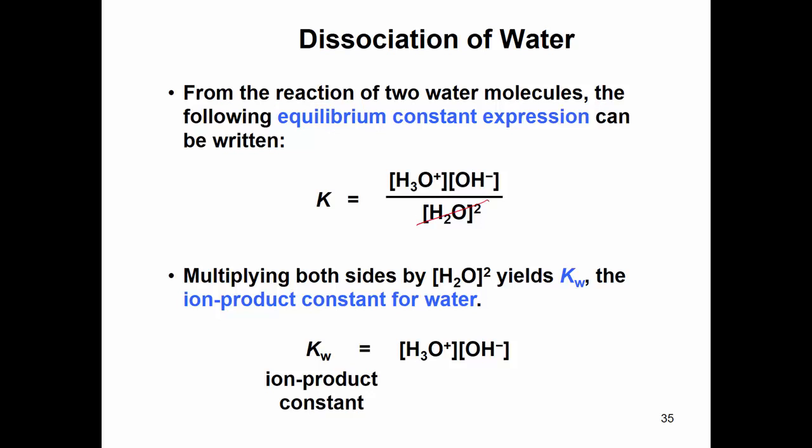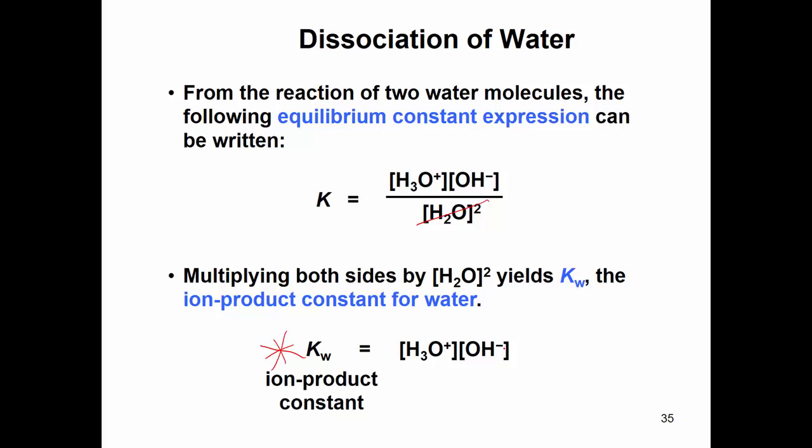And so Kw is called the ion product constant. So you definitely want to know this. Write it down. If you're in my class, you're going to use a flashcard, so this is one you want to know. And this is equal to the hydronium concentration. Right away, I think that's acid, right? Times the concentration of hydroxide, and that is the base.